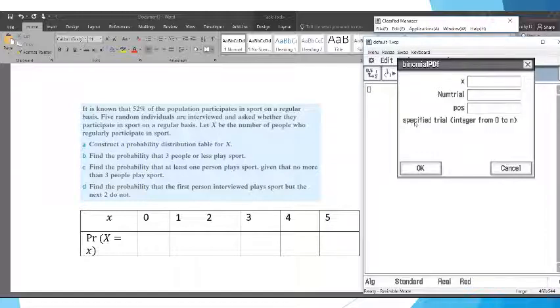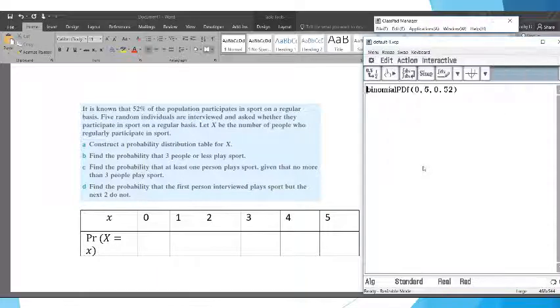This first one, if you read the bottom, is how many successes you want, which is 0 for the first one. Number of trials, so how many people we have out of, in this case 5. The last one is probability of success. It says 52%, so put in 0.52.